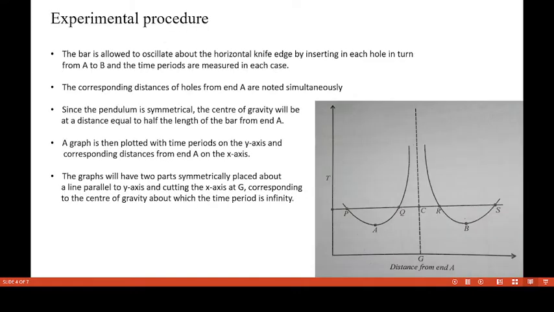Now the experimental procedure. The bar is allowed to oscillate about the horizontal knife edge by inserting it in each hole in turn from A to B, and the time periods are measured in each case.